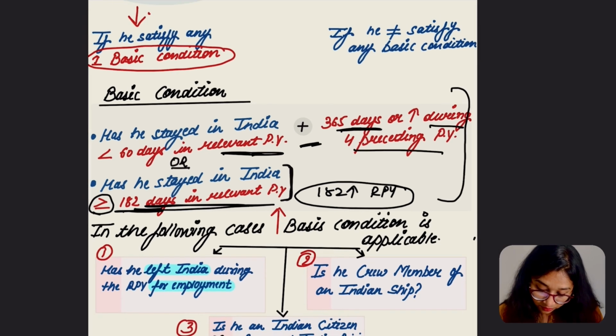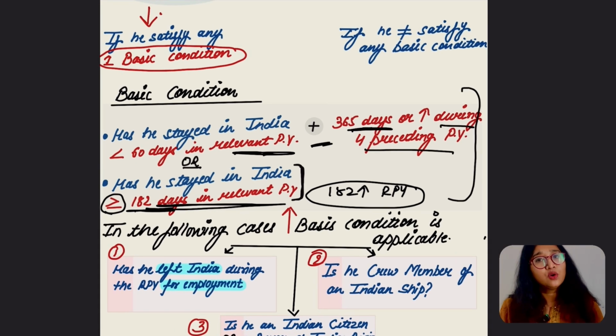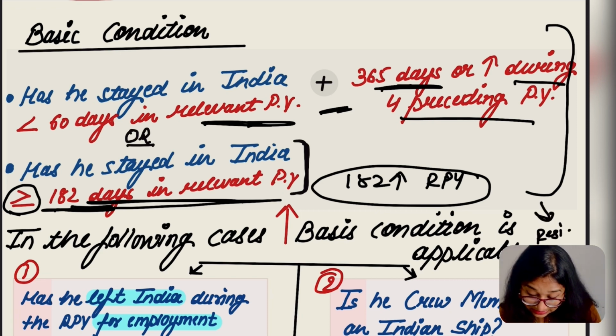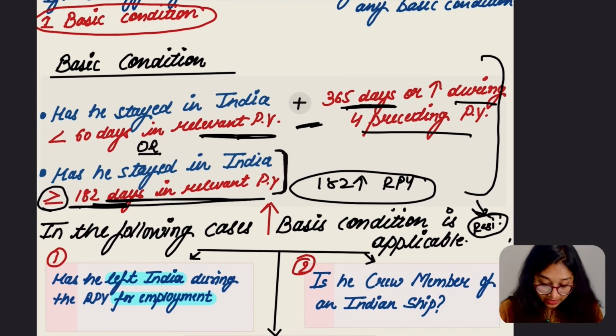If any of the two conditions is satisfied, if any one of these two conditions is satisfied, then in that case he would be known as a resident of India. Is this clear? Again, let's go for it.